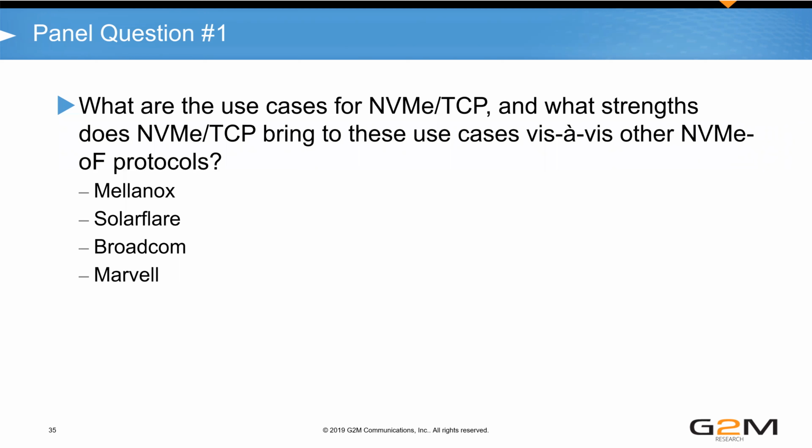Excellent. Tom, what would you like to add to the discussion? I go back to disaggregated storage. I always showcase three: your traditional SAN, your hyperconverged infrastructure, and disaggregated storage seem to be three of the most common configurations.